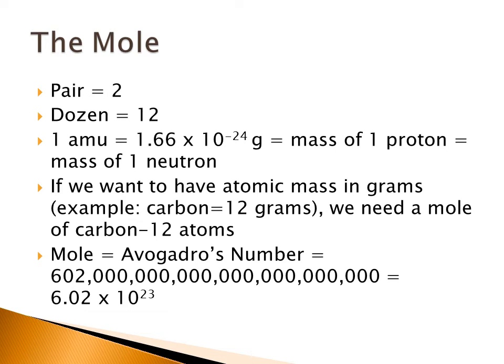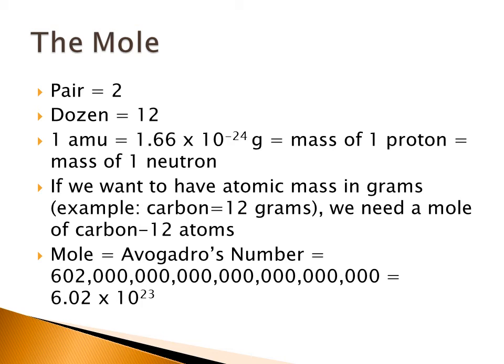Okay, if we wanted to have our atomic mass in grams, for example, carbon, element number 6, has an atomic mass of 12. Now, if we wanted, instead of AMUs, to have 12 grams of carbon, we would need a mole of carbon-12 atoms.